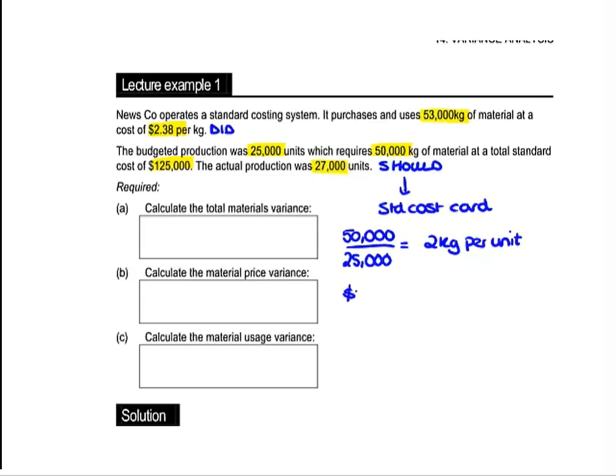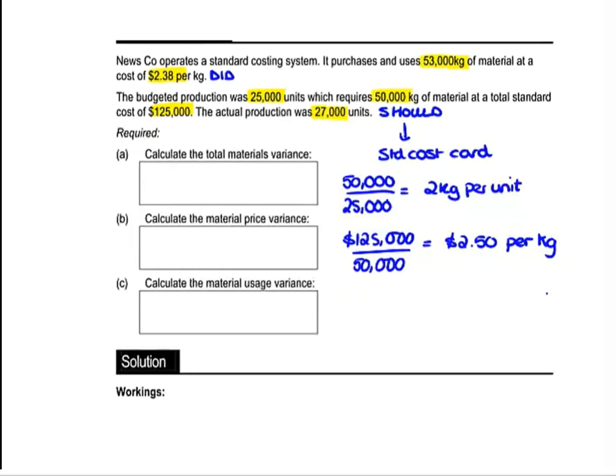And the standard cost was $125,000, but that was for 50,000 kilograms of material. So the standard cost is $2.50 per kilogram. And we're going to use that information when we're doing our total variance. So 27,000 units, the actual number of units, should cost $5 per unit for materials.